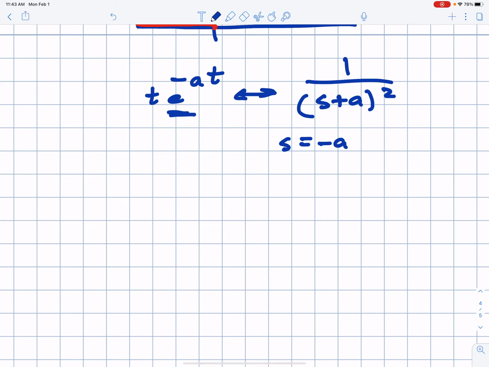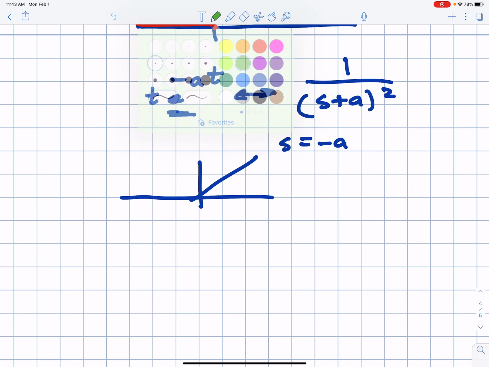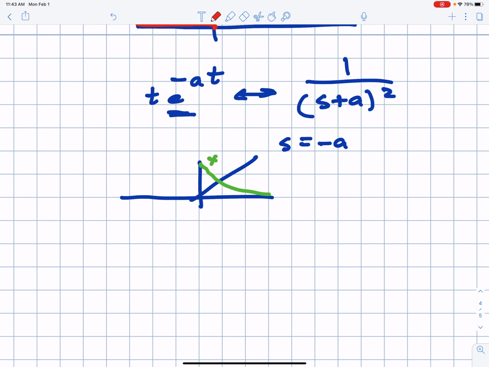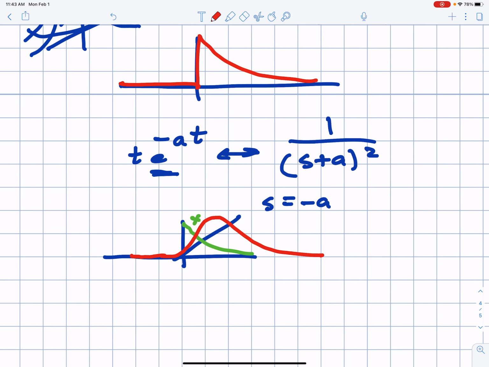You have the e to the minus at, which I know is decaying, but then you have t multiplied by that, and of course t is growing, and e to the minus at is decaying, and we're taking a product of these two things. I think what you know from your calculus classes is that the decaying exponential wins, but this function sort of blips up and then decays down. So this is a repeated pole, is what we call it.